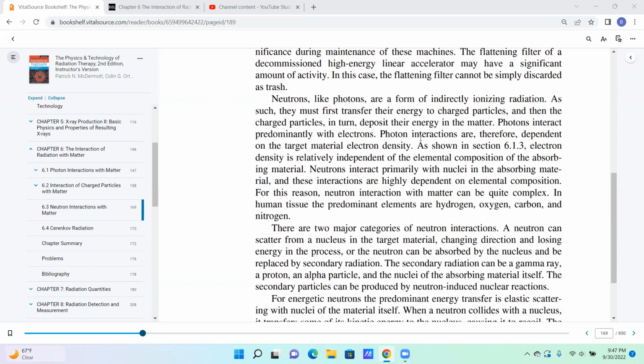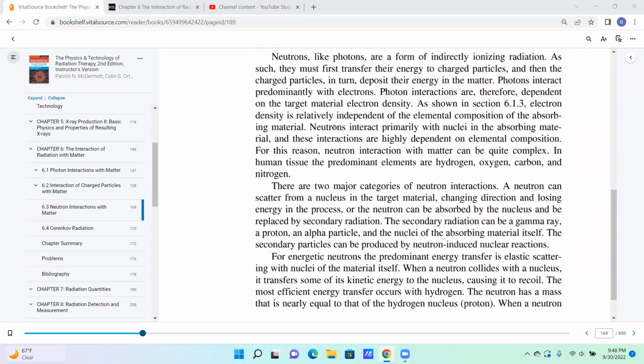Photon interactions are therefore dependent on the target material's electron density, and that's independent of the elemental composition of the absorbing material. In other words, the Z value doesn't really matter. Neutrons interact primarily with nuclei, and these interactions are highly dependent on the chemical composition. So this can be quite complex, and in human tissue, you're looking at hydrogen, oxygen, carbon, and nitrogen.